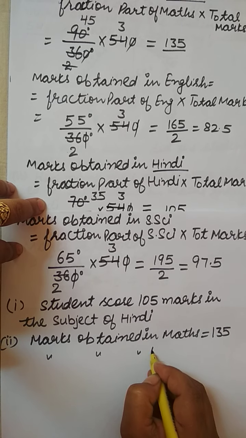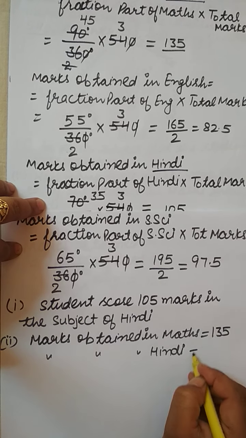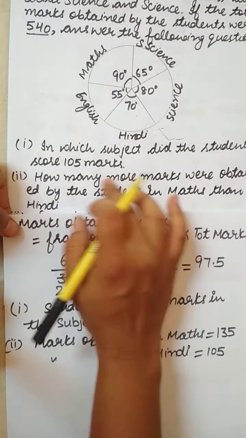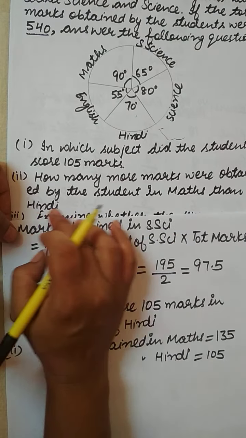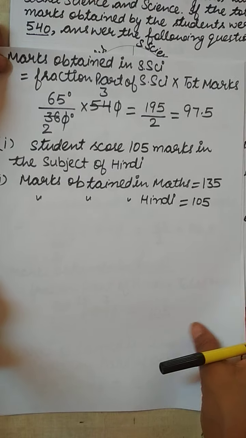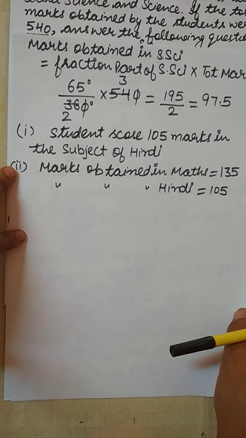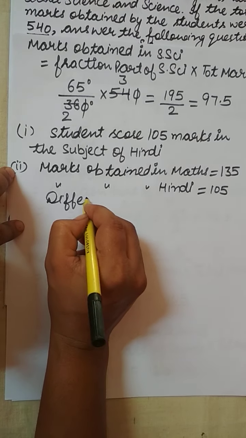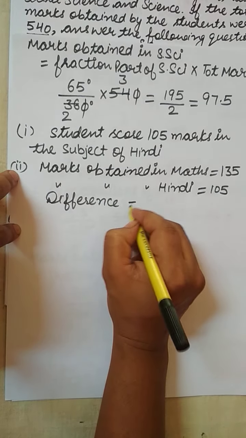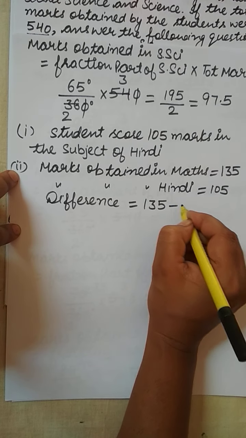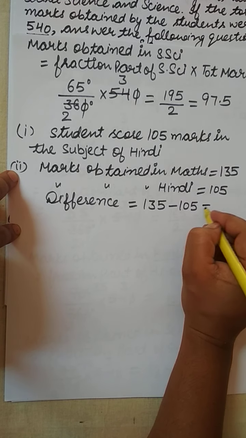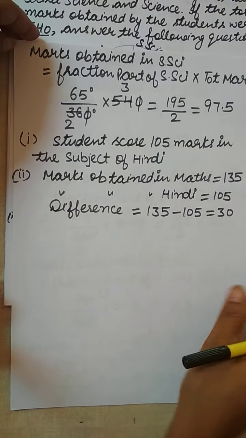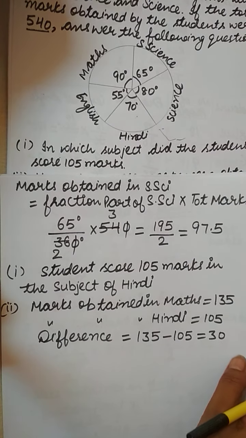Marks obtained in Hindi is 105. We are to find out the difference. So what will be the difference? The difference is equal to 135 minus 105, which is equal to 30 marks. It means the student obtained 30 more marks in the subject of maths than Hindi.